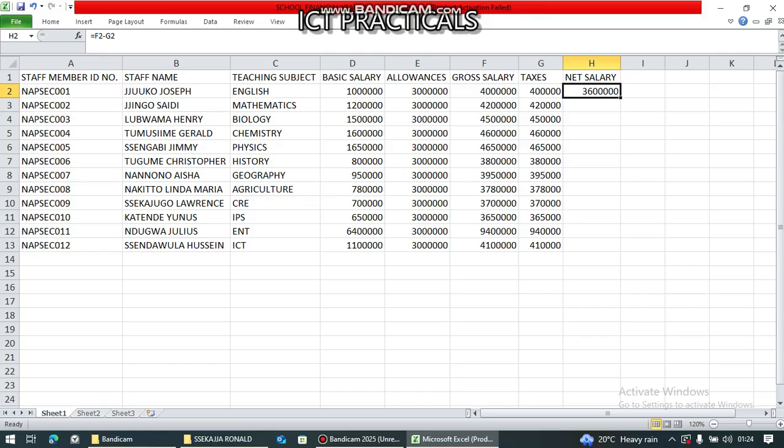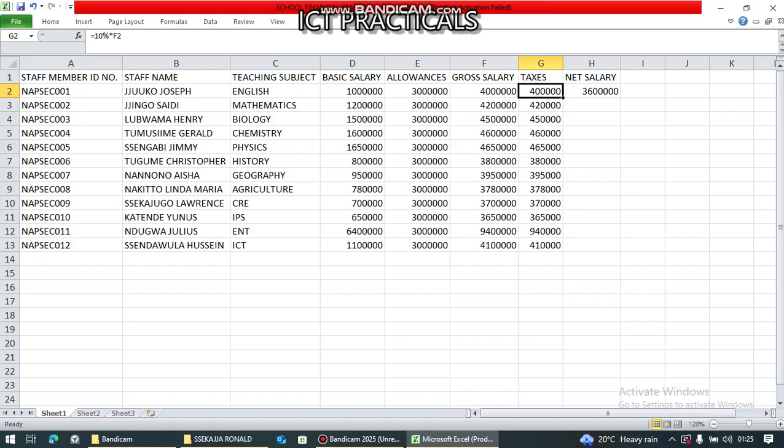At first, this person or other people had this big salary, then they were added the allowances, then we computed the gross salary. Then from the gross salary, we computed the taxes provided with a rate in percentage which was 10%.